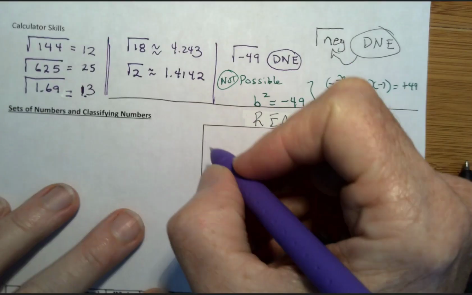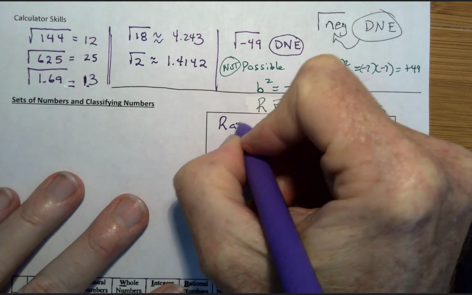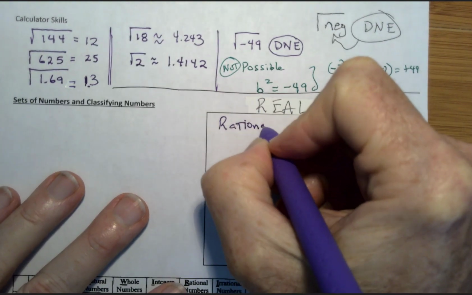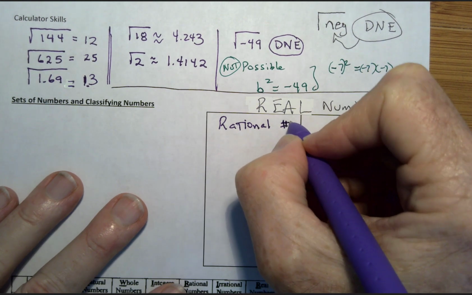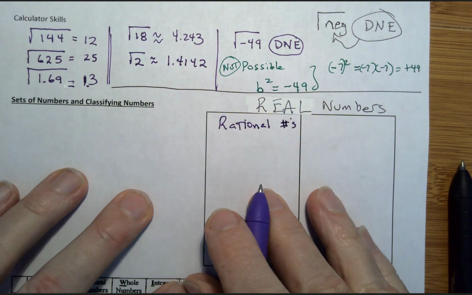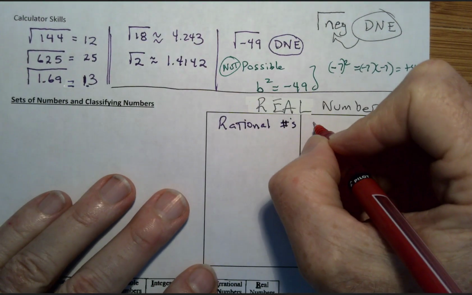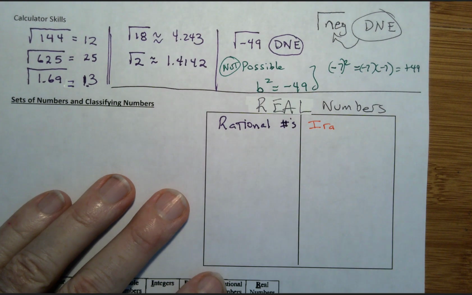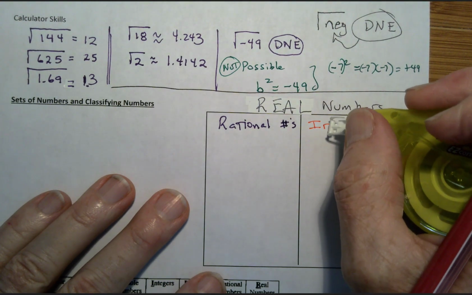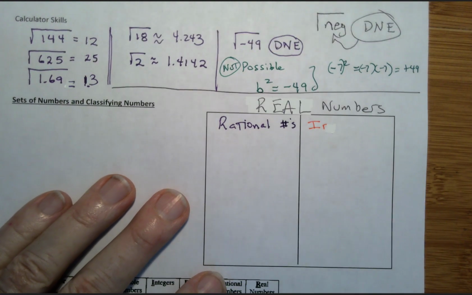One pattern is the numbers that are called rational. I'm going to use this little pound sign, or hashtag sign, as an abbreviation for the word numbers, versus another group that is called irrational. Sorry, my spelling can be really bad sometimes.